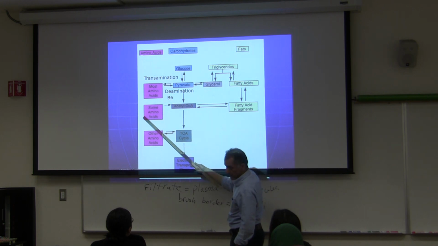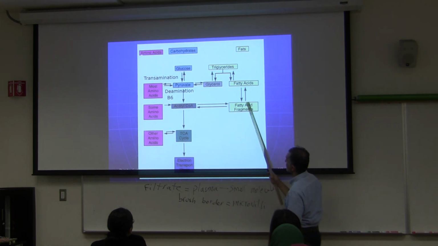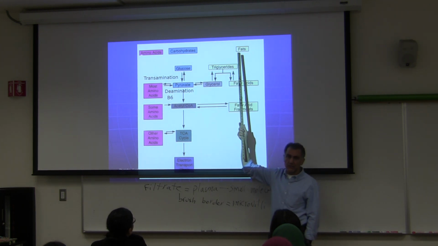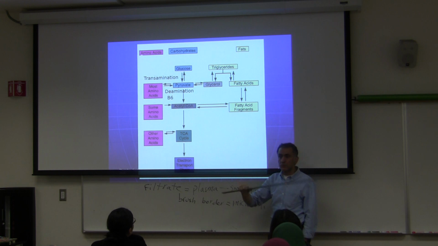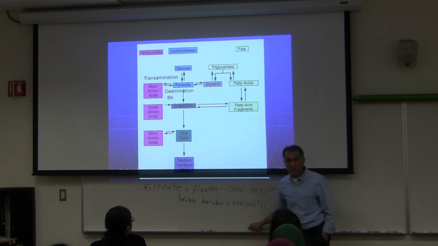Or amino acids can become acetyl-CoA, lose their CoA, become fatty acids, look at the arrow, and then eventually get stored in the fat cells of the body. That's why he does not lose weight. If he needs to lose weight, he needs to exercise. Okay, so that's pretty much the pathway.